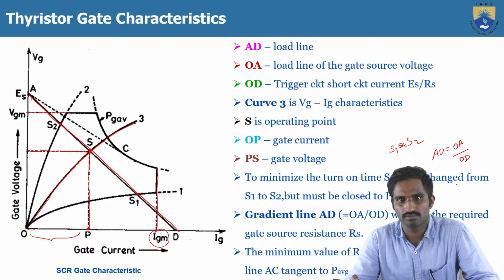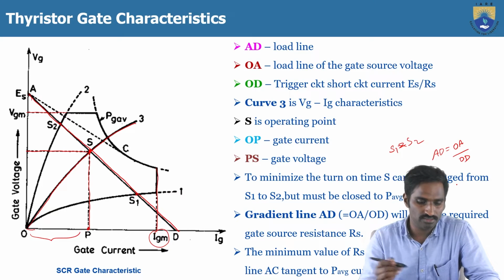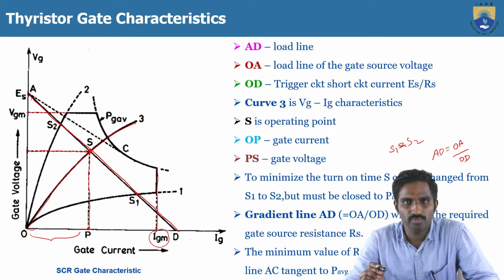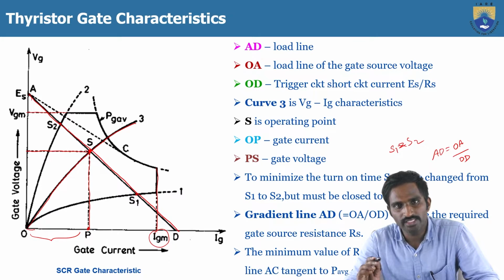Second, the point we considered is S. At point S, we find the gate voltage and gate current, and if you apply that much gate voltage and gate current to trigger the thyristor, then it will turn on as soon as possible.